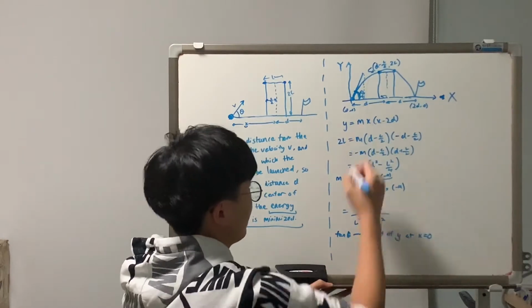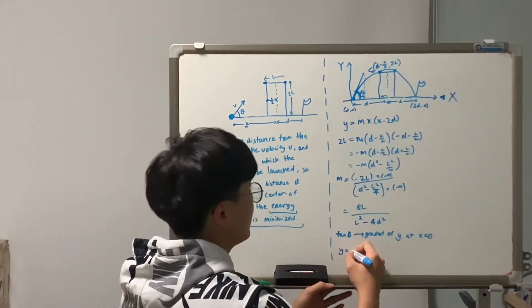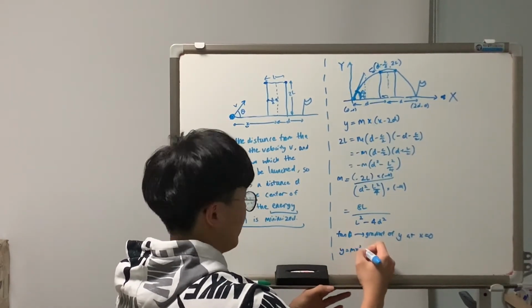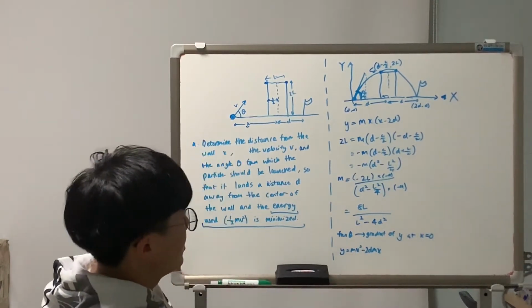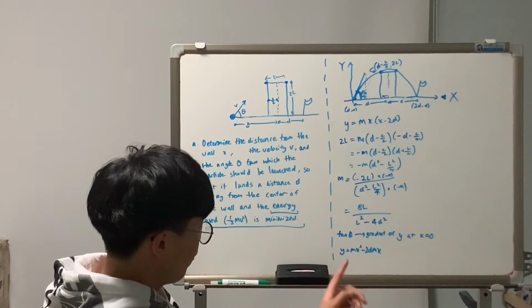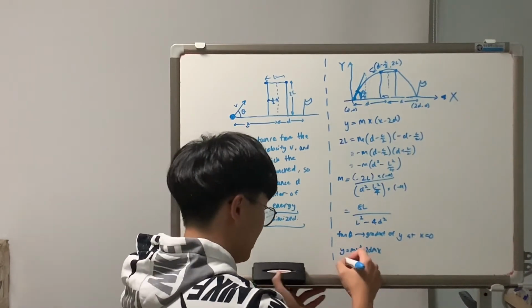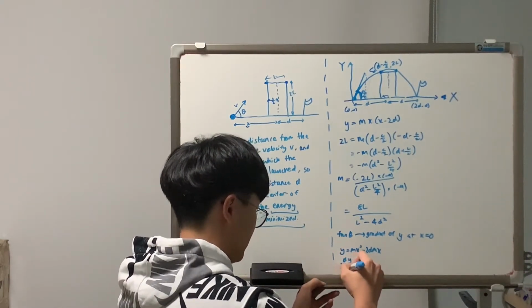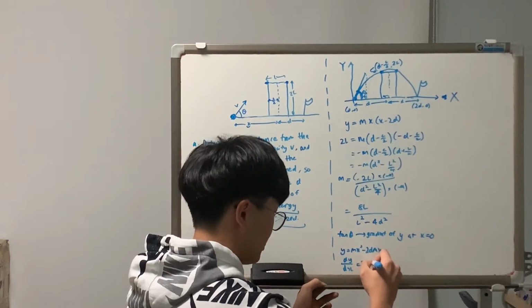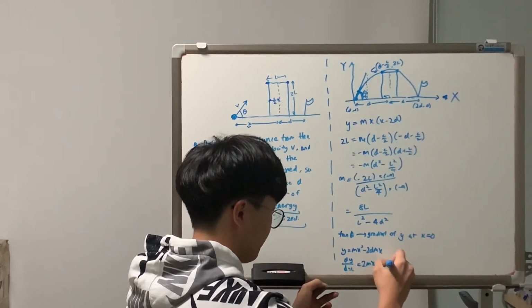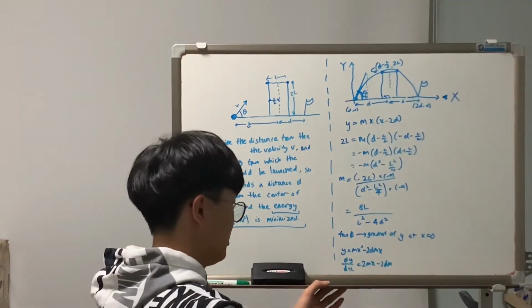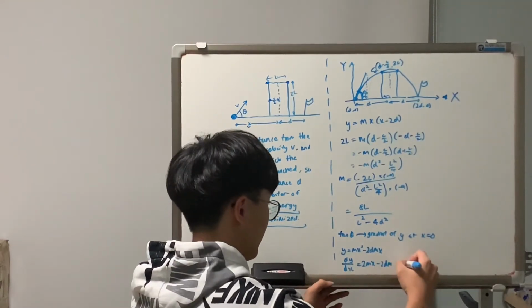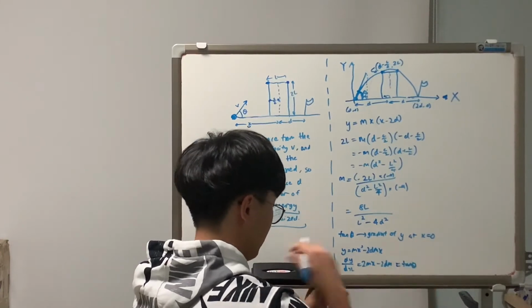So we said that y is equal to mx squared minus 2d mx. And so if we differentiate this first, we get dy over dx is equal to 2mx minus 2dm. Oh, no, wait, sorry.